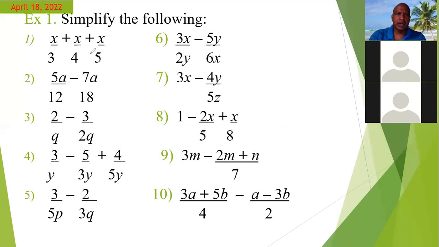So for the first one, it should be pretty straightforward. What do you get for your answer for the first one? Anybody? So the LCM is what? What's the LCM for 3, 4, and 5, guys?